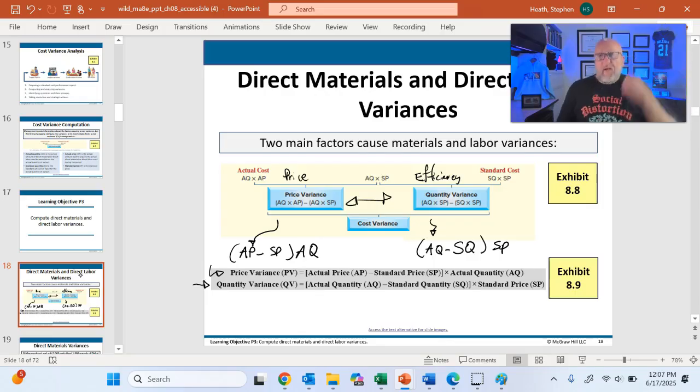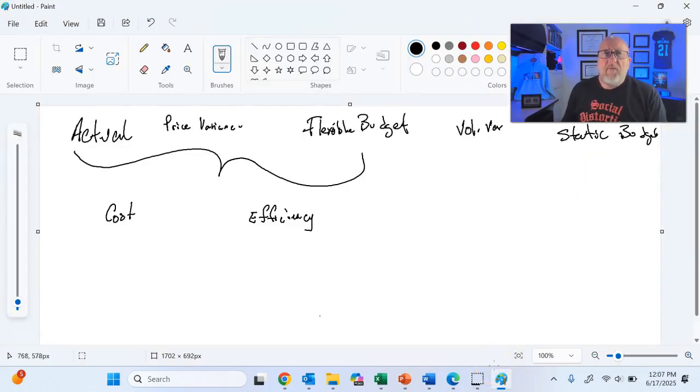Okay? We can go through all of the algebra between these two, and I really don't want to do that. What I really want to do is just keep it focused on the differences between the flexible budget and the actual results. We have two different elements as to why we are different.